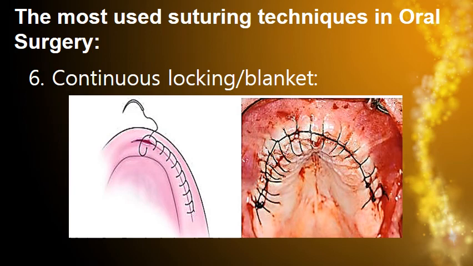You can see videos on YouTube, but the workshop and doing them by your own hand is the most important thing. So God willing, at the most appropriate moment, I will make a workshop especially for suturing.